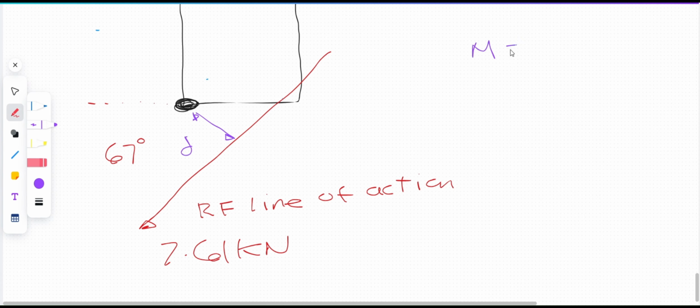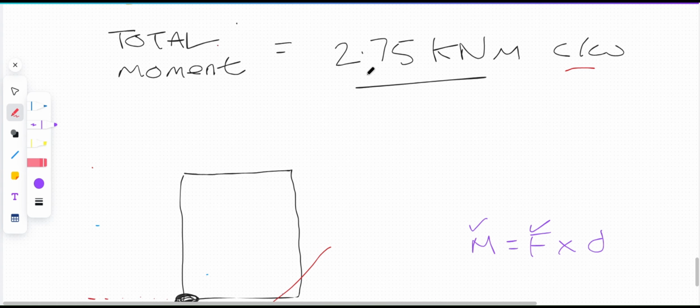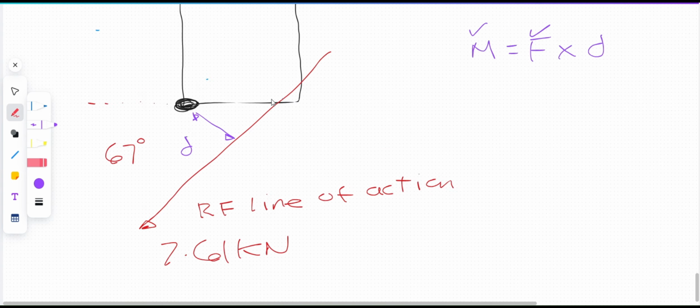We know that moment is force times distance. And it's that D we want to find. We know the moment because we just worked it out. And we know the force because it's 7.61. The moment is 2.75. So to find D, I'm going to go moment divided by force gives me distance.